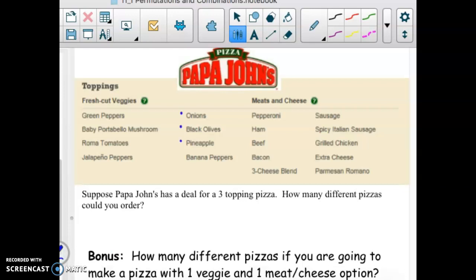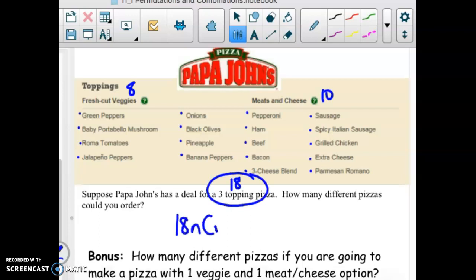So we have 8 veggies and 10 meats, 18 total different toppings. So 18 nCr 3, because the order in which they are put on the pizza does not matter.